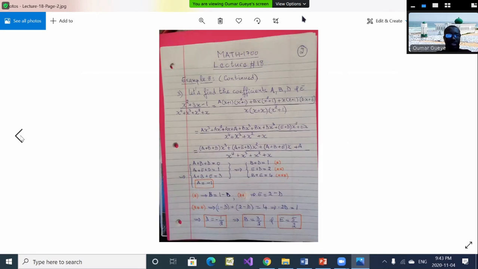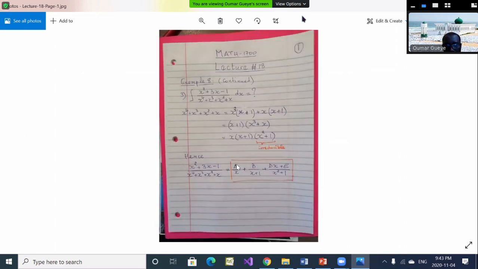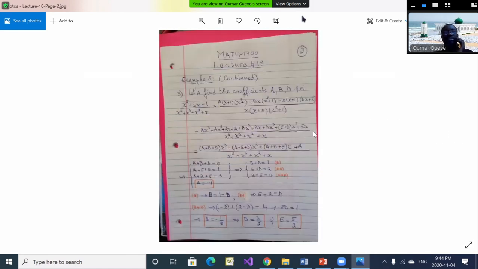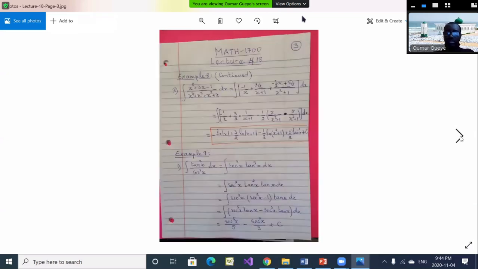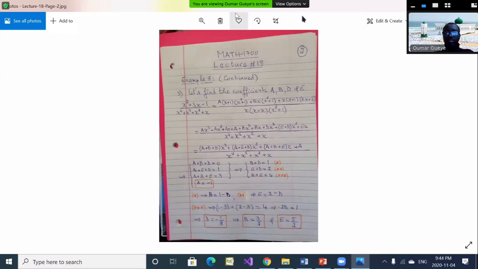To get the common denominator, you have to multiply the first term by x plus 1 and x squared plus 1, up and down. For the second term, you multiply x and x squared plus 1, up and down. And for the last term, you multiply up and down by x times x plus 1. Okay, so that's what I did here. So one here.